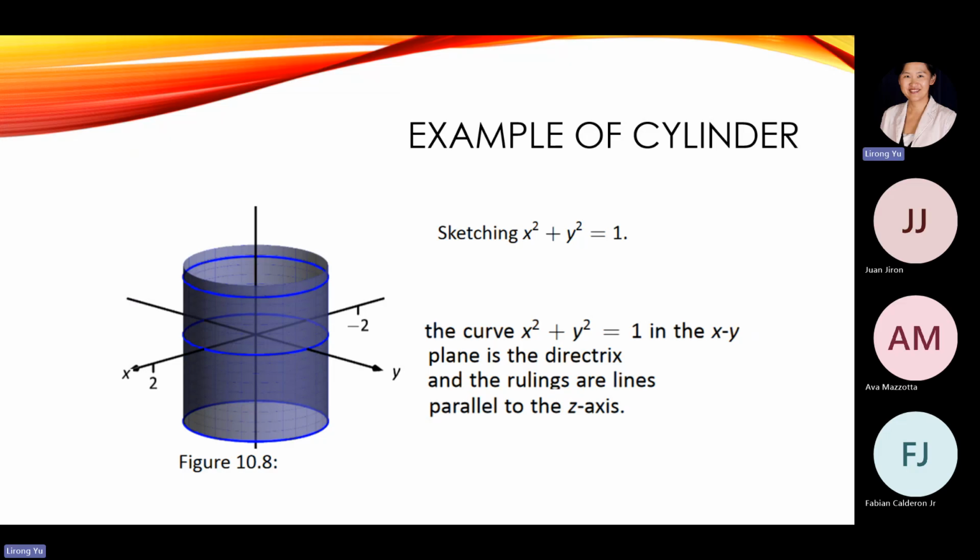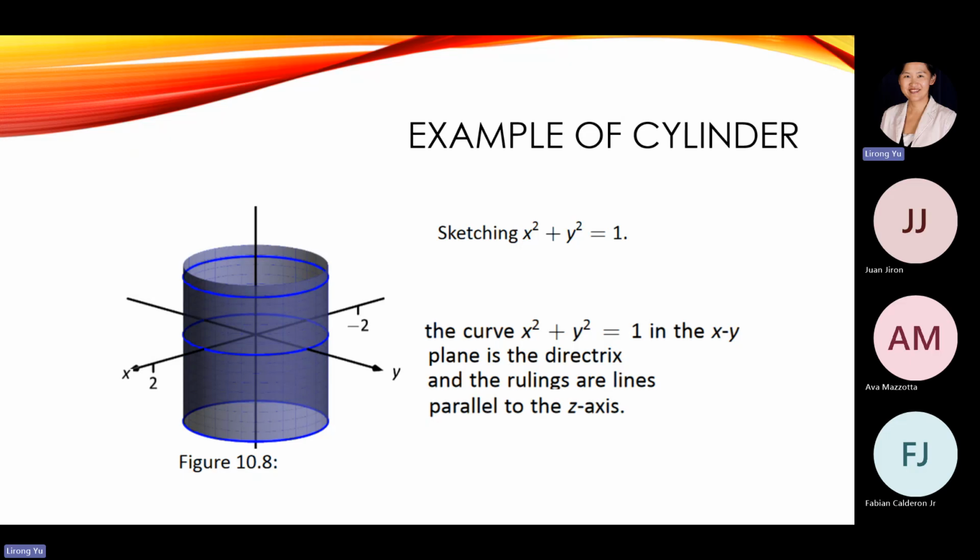This is a circular cylinder where x squared plus y squared equals 1, and you can see we have a ruling in this one. The direction of it is parallel to the axis. In the xy plane, x squared plus y squared equals 1 is a circle.